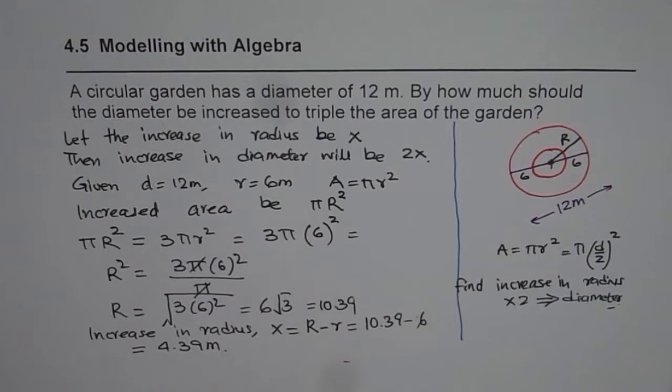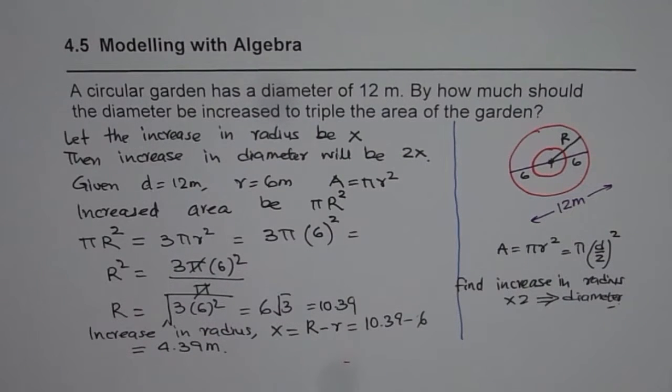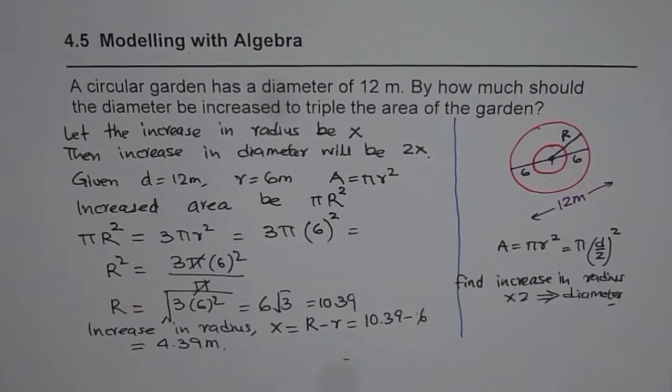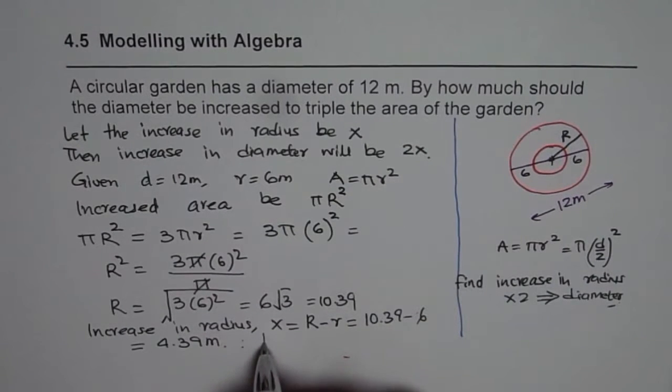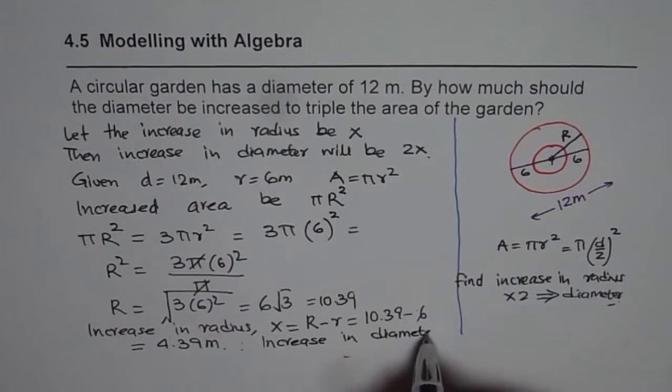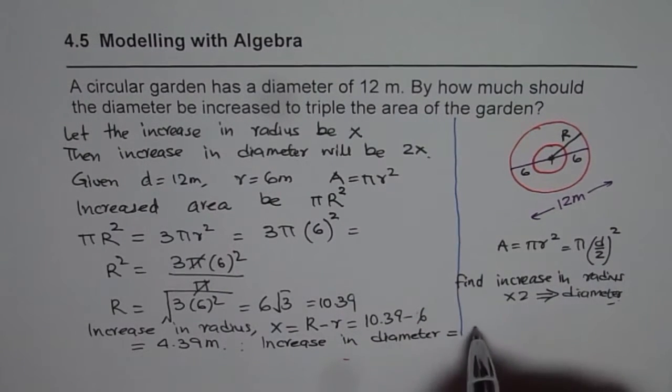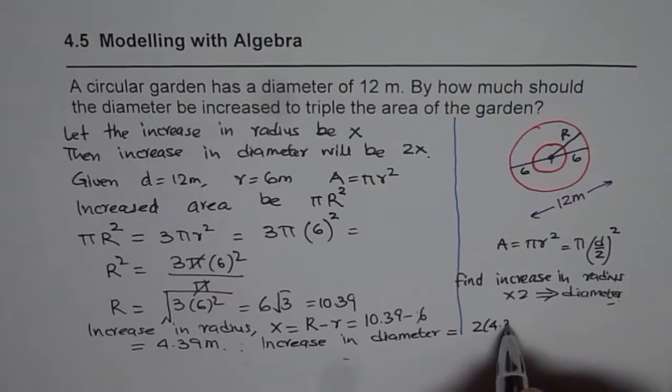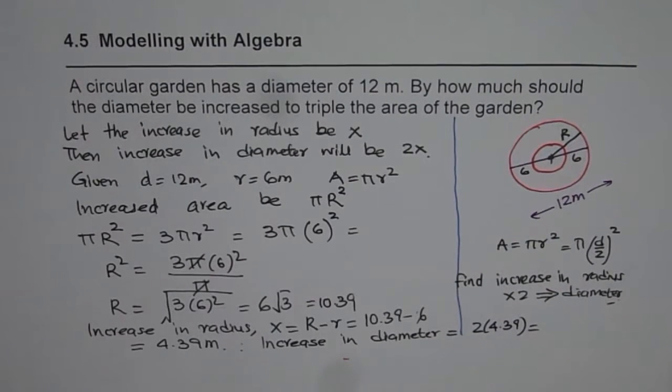That is the increase in radius, right? Now from here, what is the increase in diameter? The increase in diameter equals 2 times this, which is 2 times 4.39, correct? So you can multiply this by 2, right? So 4.39 times 2 is 8.78.